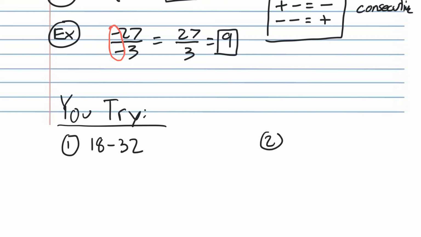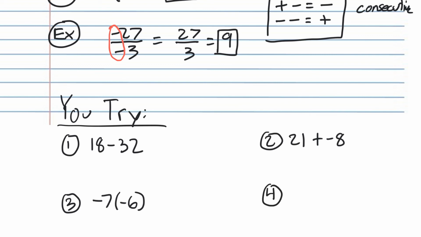Number 2, 21 plus a negative 8. Number 3, negative 7 times negative 6. And number 4, negative 100 divided by 20. Okay, so go ahead and pause the video, do these questions in your notebook, and then come back to the video and hit play, and you can check your answers.